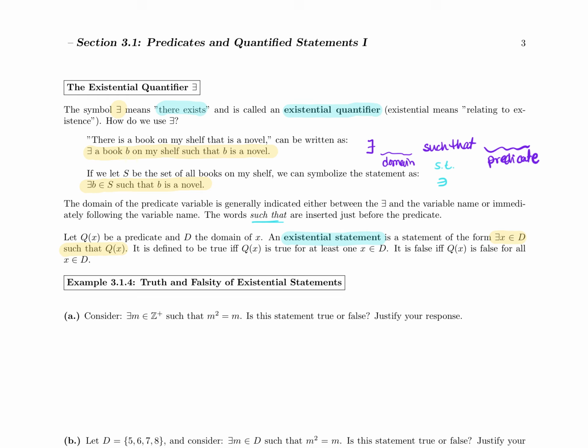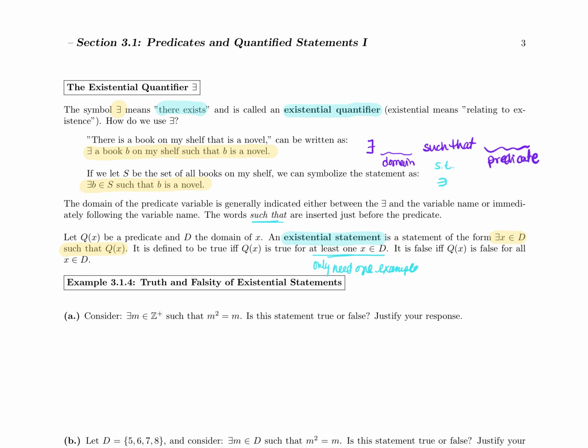It is defined to be true if and only if Q of x is true for at least one x in D, which means we only need one example. It is false if and only if Q of x is false for all of the elements in D.